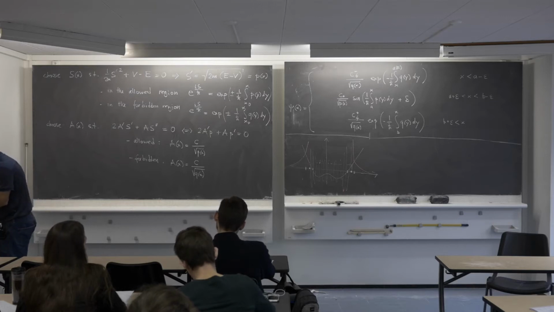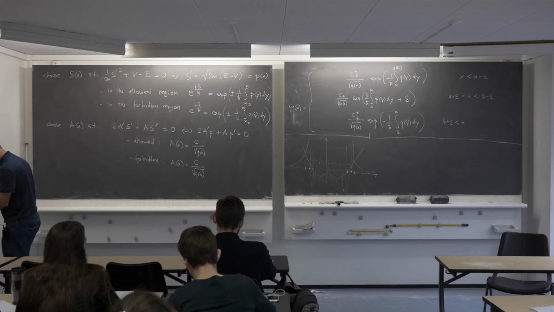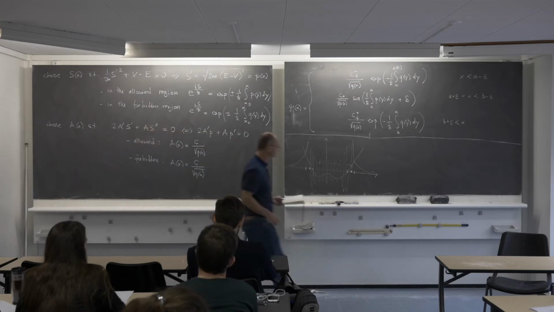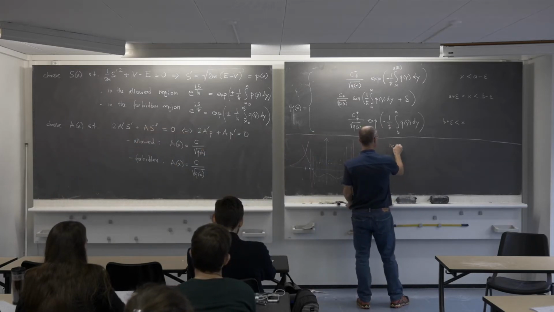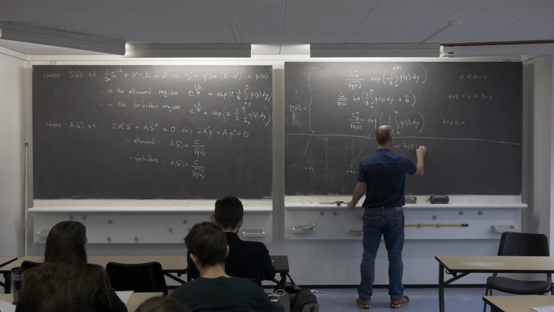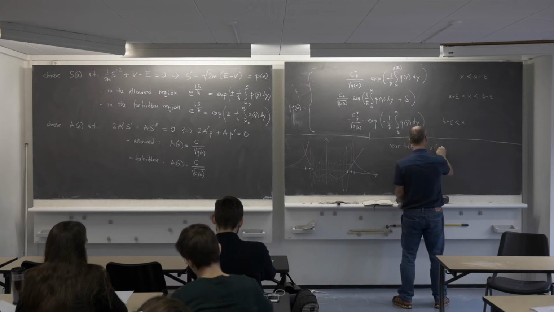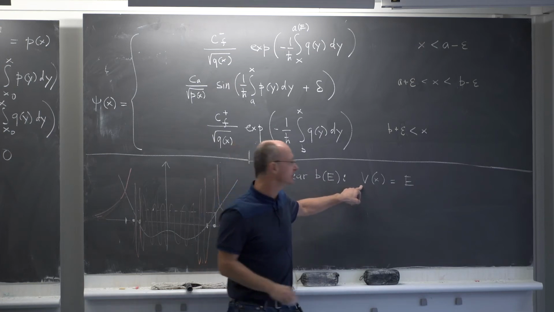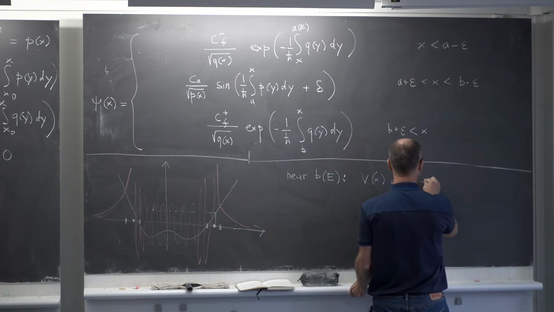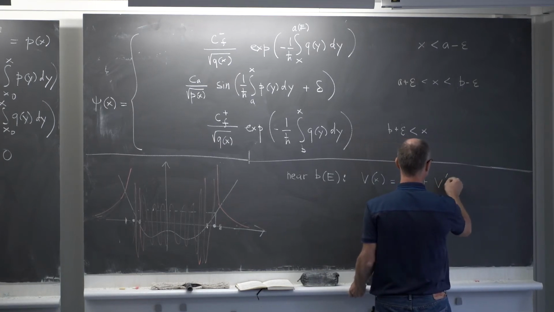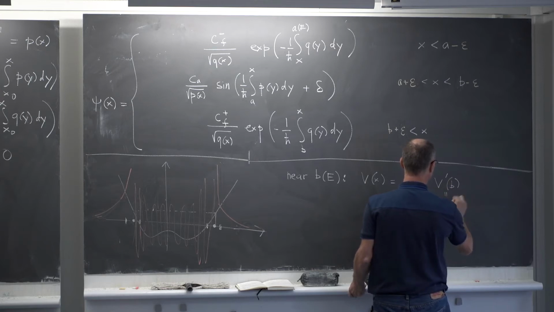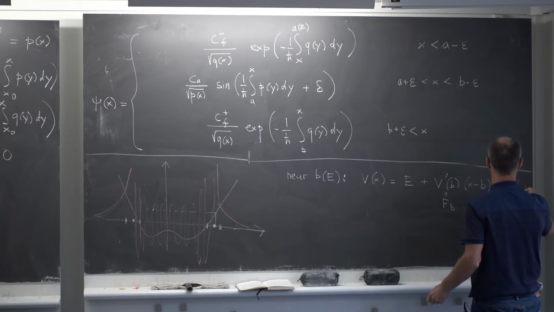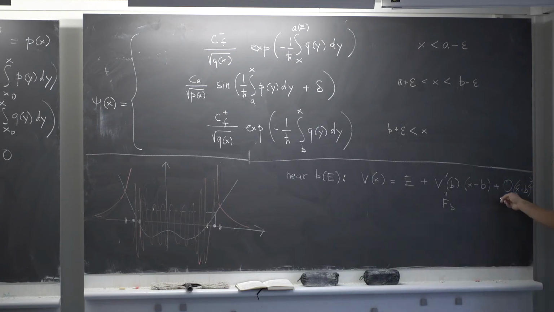I think I chose to consider the turning point B. So near the turning point B, let me look at the Taylor series of V. So V is equal to E at the point B plus the derivative V prime of B, which is what is called F_B, the force at the point B, times x minus B, plus higher order terms, right?